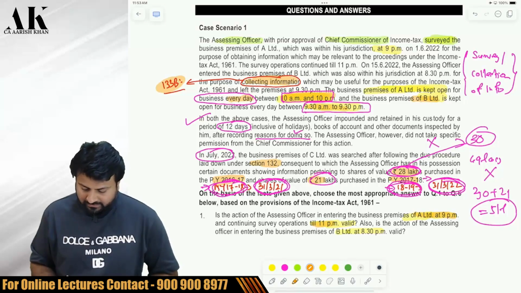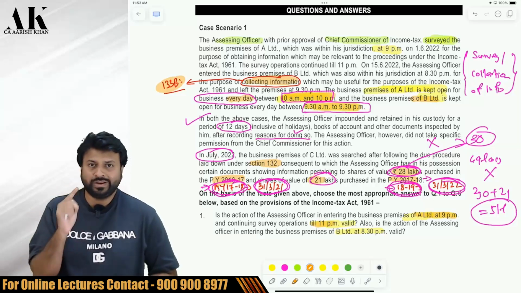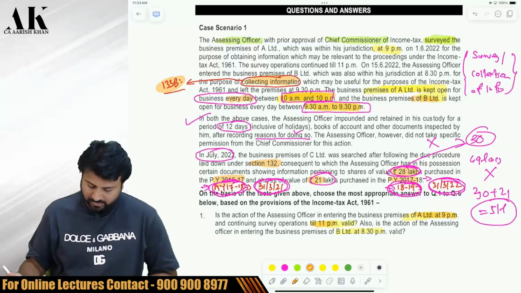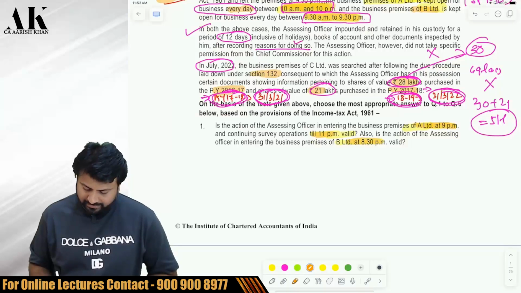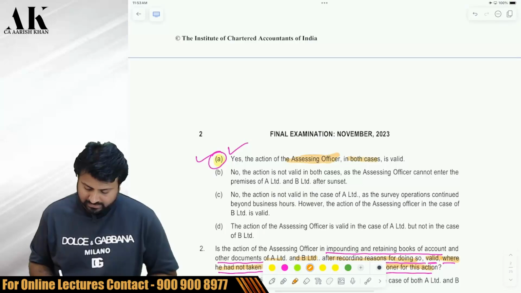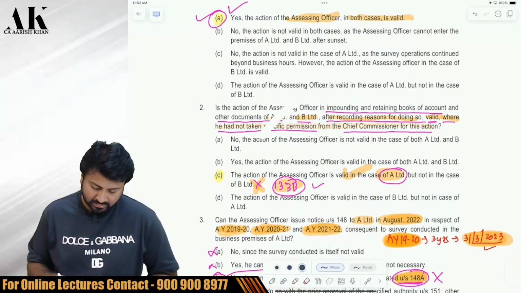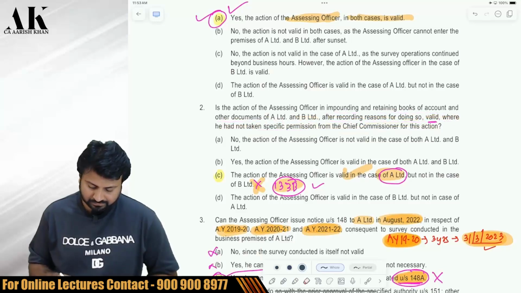Now, the business hours of B Limited is 9:30 a.m. to 9:30 p.m. Therefore, the AO has absolute right to enter any time between this period. Therefore, he is entering at 8:30 p.m., it's all fine. Therefore, in both the cases, the action of the assessing officer is valid. Is it clear to all of you? I hope it is clear to all of you, right?